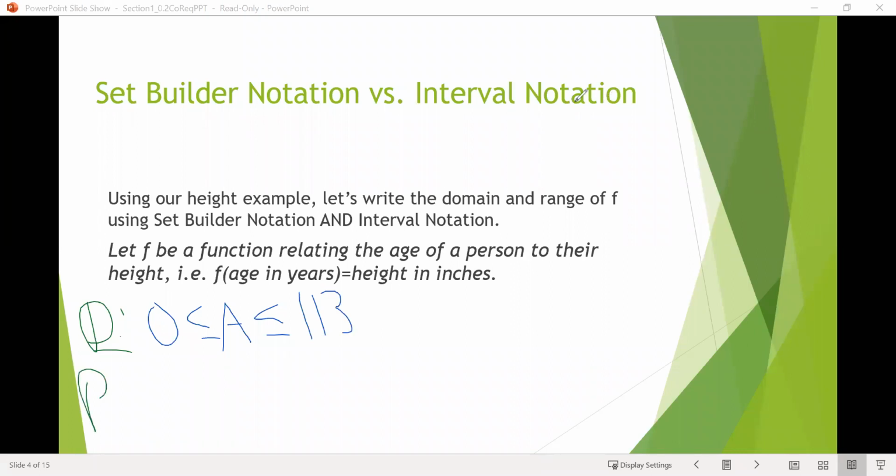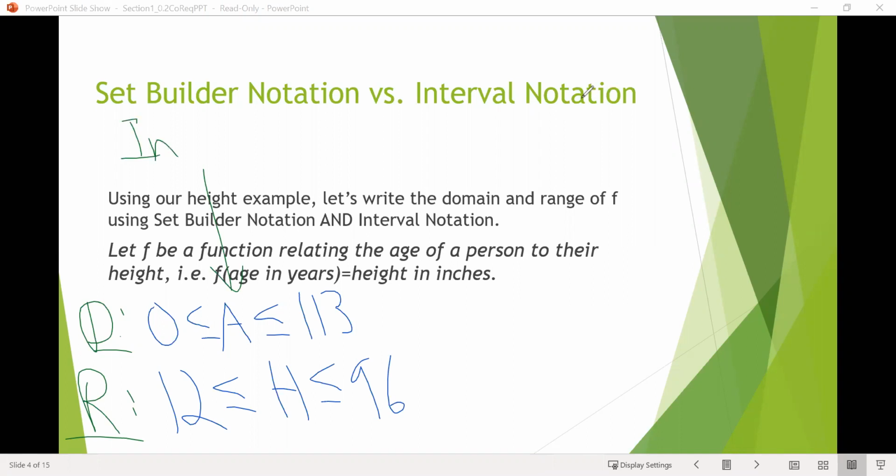And the range we had was 12 is less than or equal to h, which is less than or equal to 96. Those are written, as we saw in our prereq work, in inequality notation for domain and range.